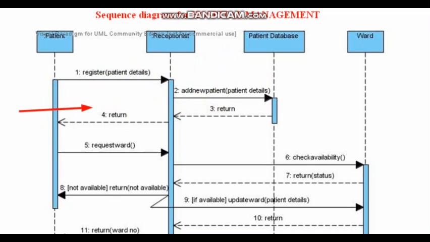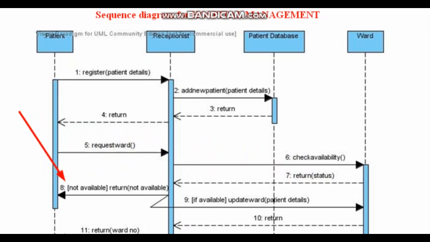Then she will return back here, and if the patient needs the ward, the patient will make a request for a ward. Then the receptionist will check the ward. She will directly go to ward. She will not go to database initially. When the patient requests for the ward, she will go to check the availability. If the ward is available, she will come back here, right?